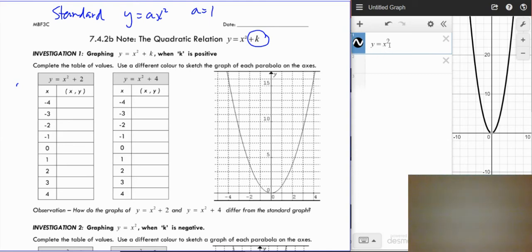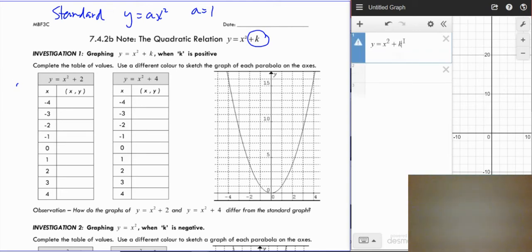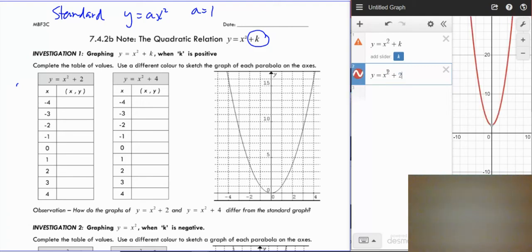We're going to add a k to our standard in the graphing calculator. So Control C, Control E to paste. We're going to put in x values, and our k in this first example is 2.